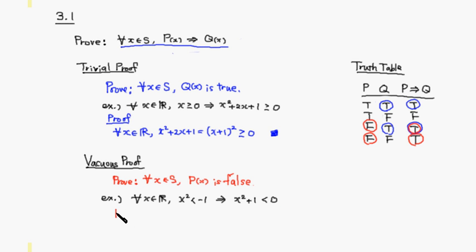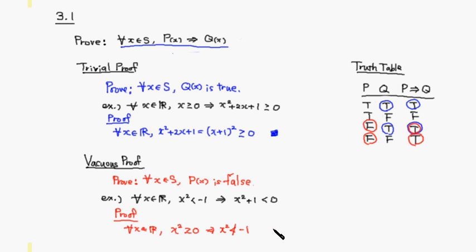Here's the proof. We know that for all real numbers x, x squared is greater than or equal to 0 because of the square, which means that x squared cannot be less than -1.